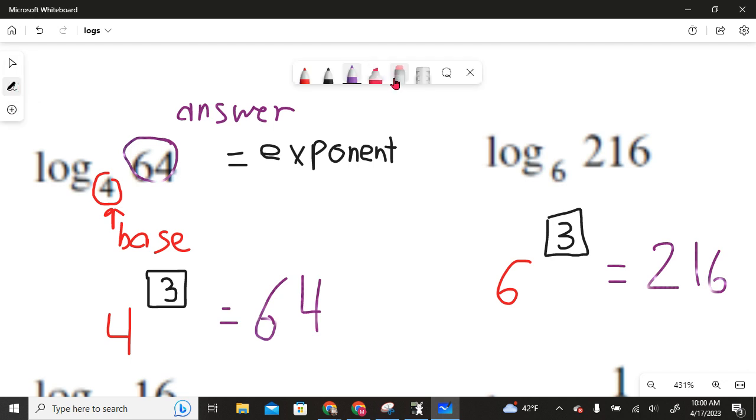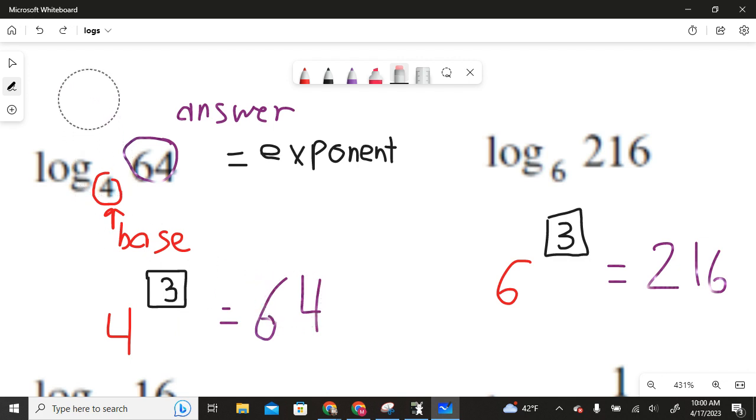Now, everything here is present except for right now, this 3. So essentially, all I'm doing is asking myself, what number can I take 4 to, to get to 64? And that number would be 3. That's all the answer is that we're looking for. We're looking for what that power is to bring us from the base on the left over to 64 on the right.